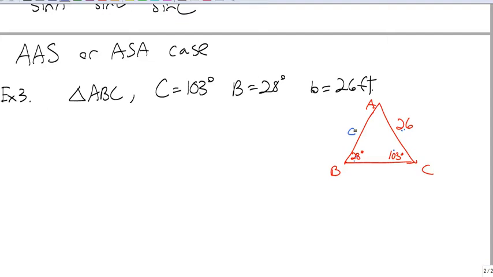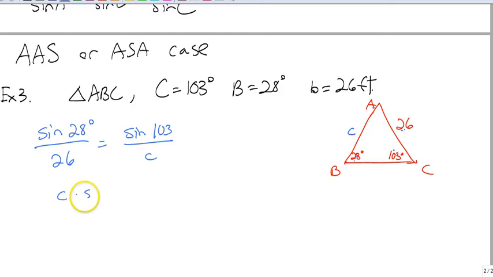So I just have to do sine of 28 degrees, over the side that it's across from, which is 26, is equal to sine of 103 over side C. Cross multiply, and you get C times the sine of 28 is equal to 26 times the sine of 103.